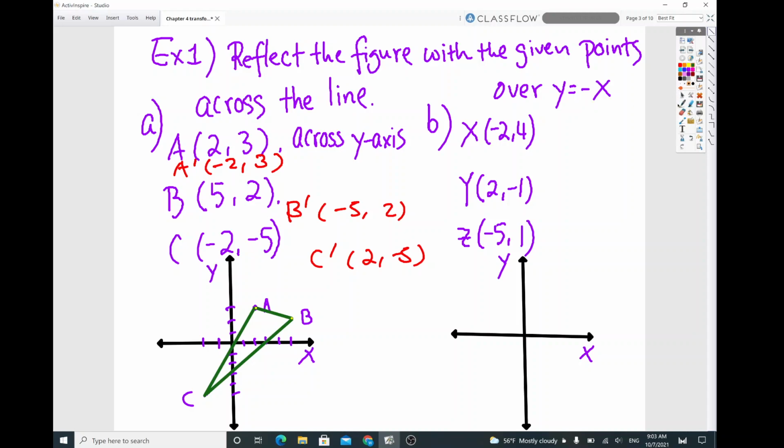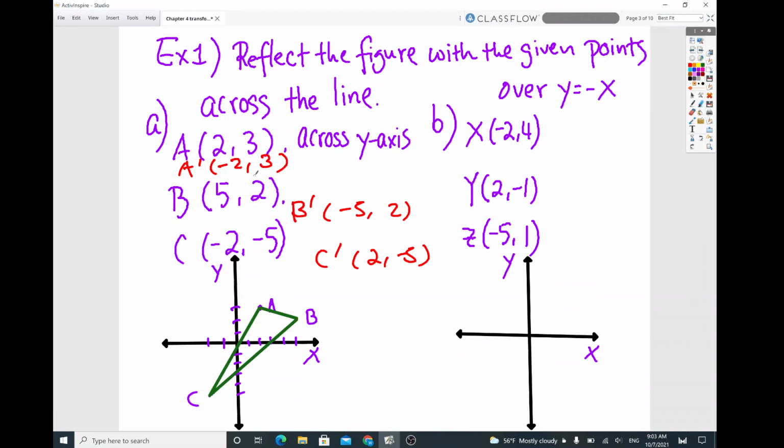And then for A prime, B prime, C prime: A prime, negative 2 comma 3. Let's use red here. Label the points. B prime, negative 5, positive 2. And then C prime, 2 comma negative 5.